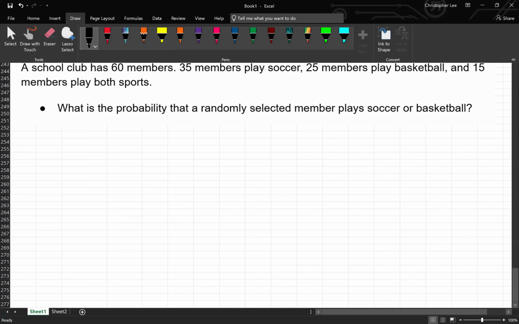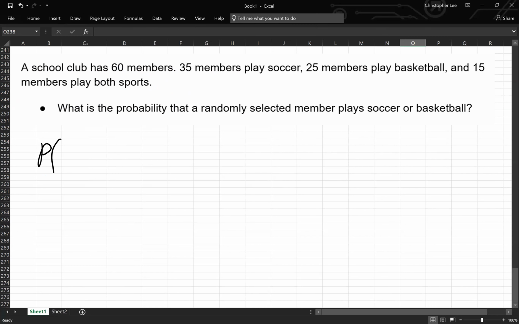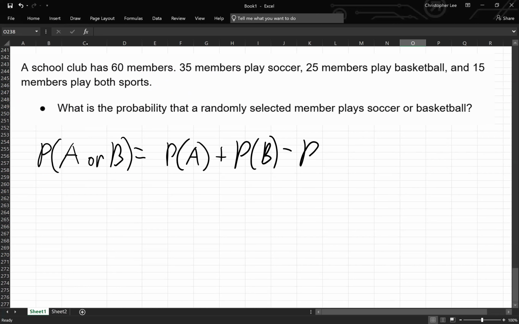So what do I do here? Copy down the formula, right? So this is probability of A or B is equal to probability of A plus probability of B minus probability of A and B. And then after that, just plug in the story.